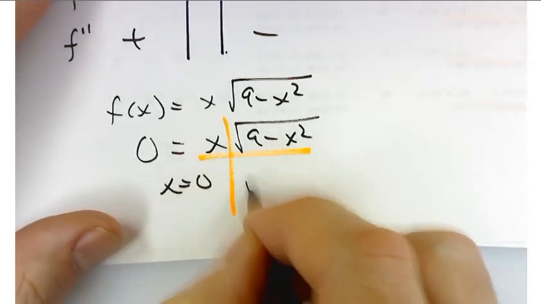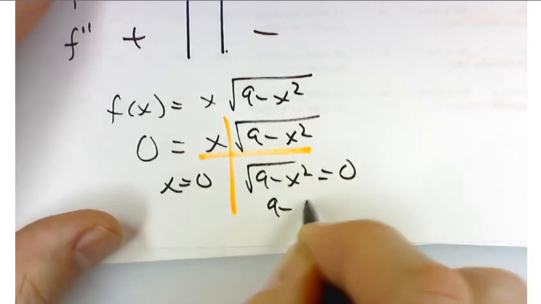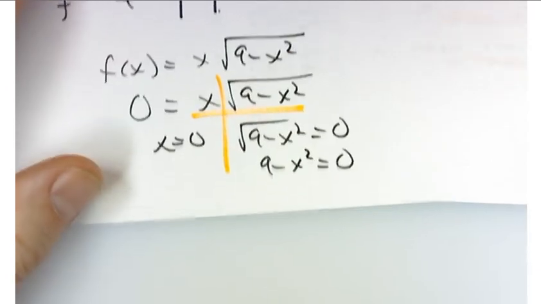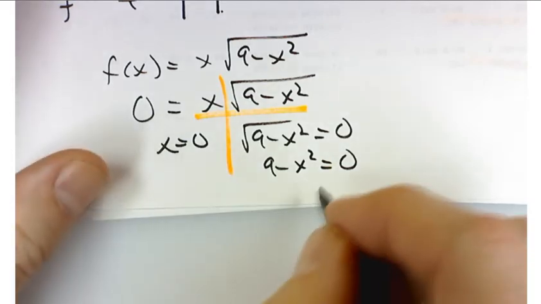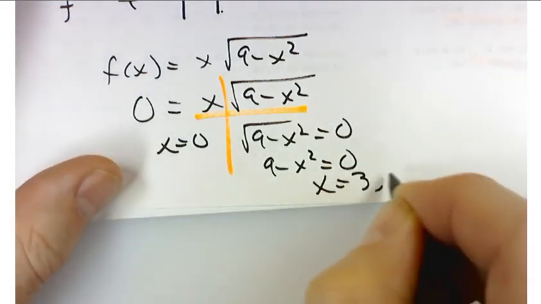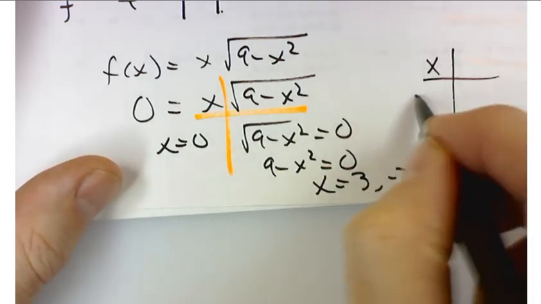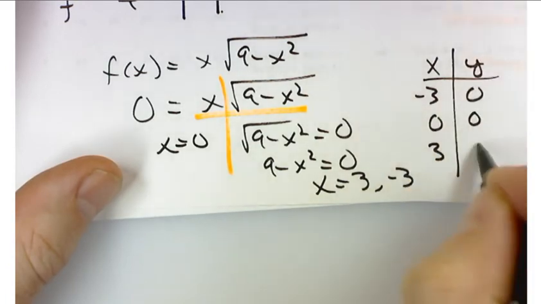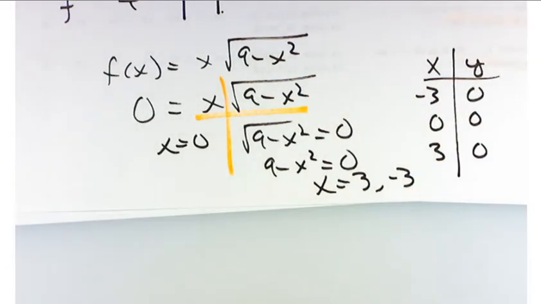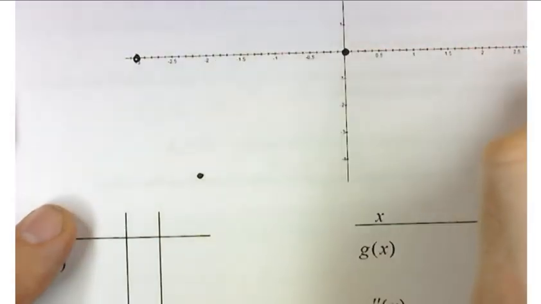Or the square root of 9 minus x squared could be 0, which is 9 minus x squared equals 0, squaring both sides. And that equals 0 at what points? 3 and -3, thank you. x equals 3 and -3. So we've got all these points for x, -3, 0, and 3, where y equals 0. So that's here and here.